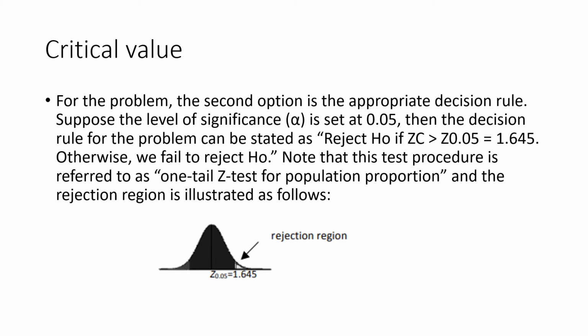Otherwise, we fail to reject the null. Note that this test procedure is referred to as a one-tailed z-test for the population proportion, and the rejection region is illustrated as follows.